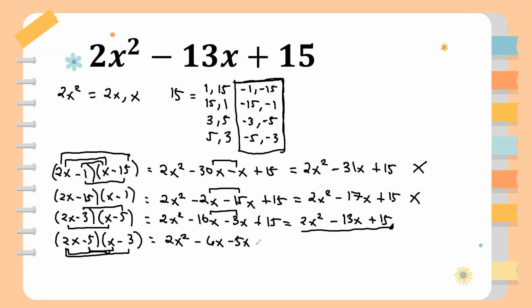Negative 5 times negative 3, that is equal to positive 15. Then combine the like terms, copy si 2x squared, and negative 6x minus 5x. I-add natin siya, then copy si sign na negative. 6 plus 5, that's equal to 11x plus 15.